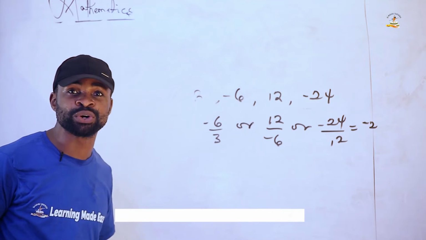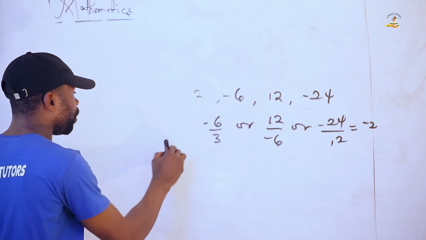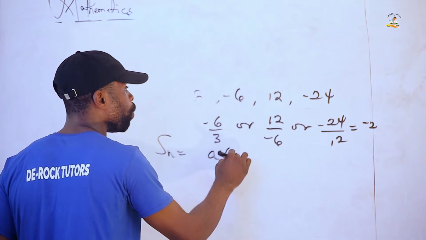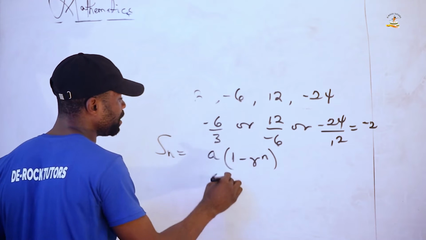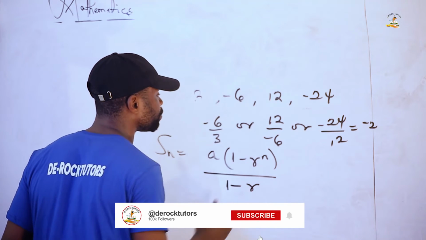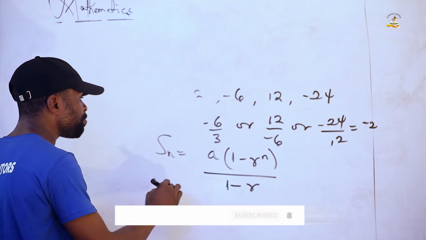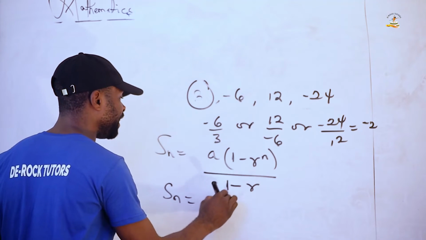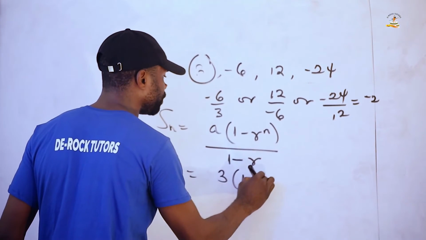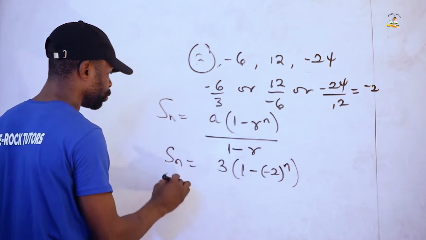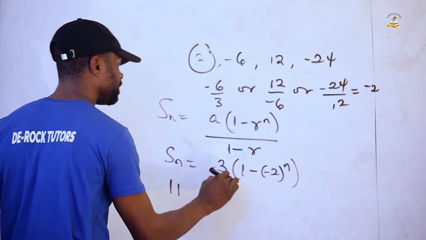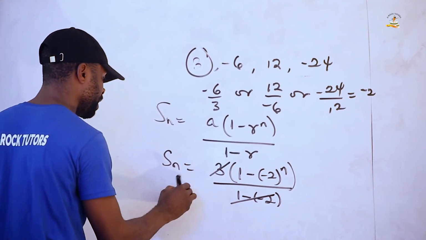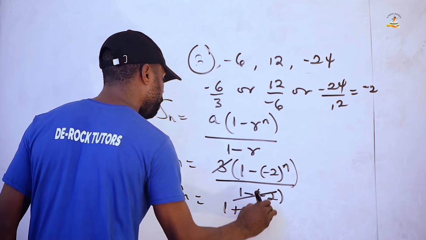Since the common ratio is not equal to 1, we recall that Sn is equal to A into 1 minus R raised to power n over 1 minus R. From here, we have Sn equal to, the value of A is 3, 3 into 1 minus minus 2 raised to power n over 1 minus minus 2, which is equal to 1 plus 2 raised to power n.